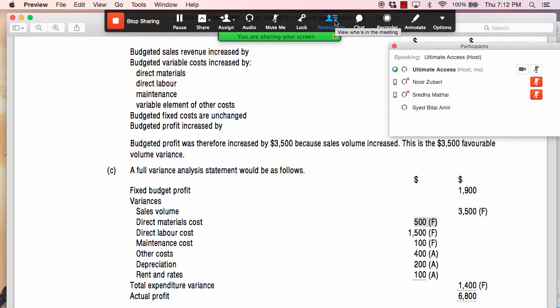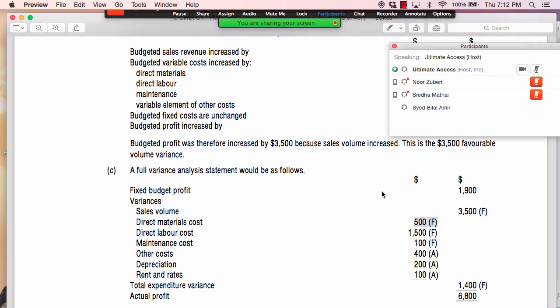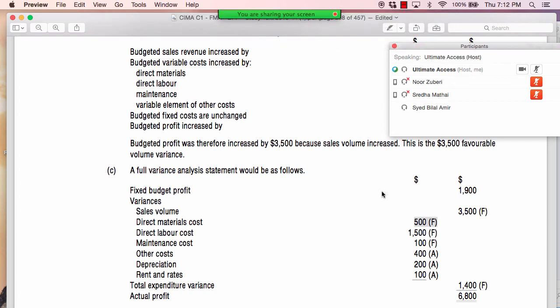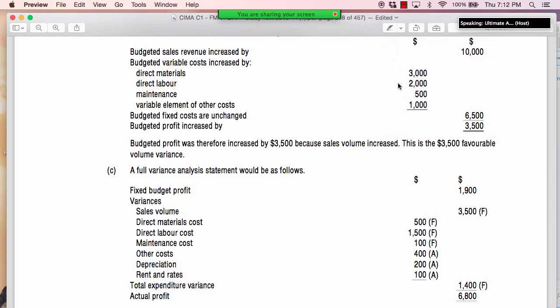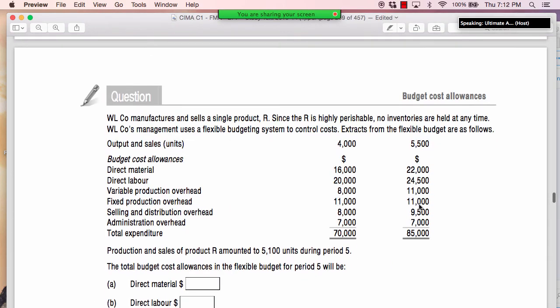Shraddha, is that clear? Syed, guys, is that clear? I need to find out whether you understand this concept. Okay, good, because this can be a little bit confusing if you don't understand.